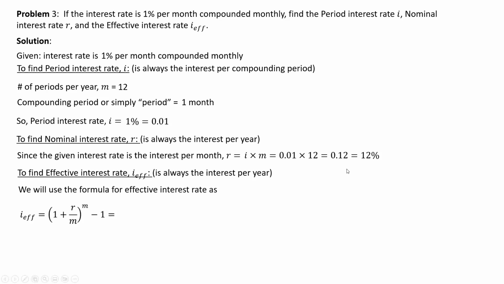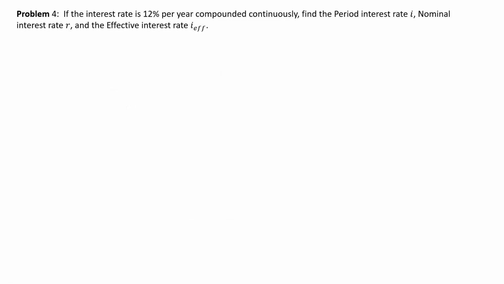We know R to be 12% and M to be 12. And this turns out to be exactly as the previous one, 12.68%, right? So that is because this nominal interest rate turned out to be 12% in this case, even though it was given as 1% per month. And so since this is the same as that, it's all okay. I hope you get this idea. Now let's move on to continuous compounding and try to understand what in the world that is all about.